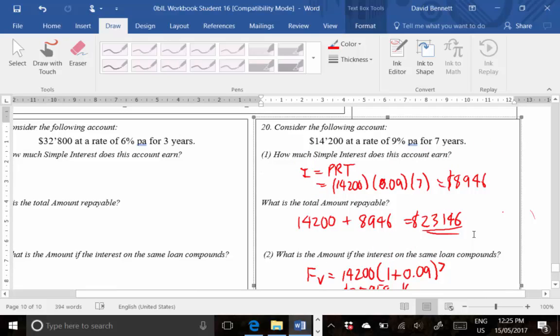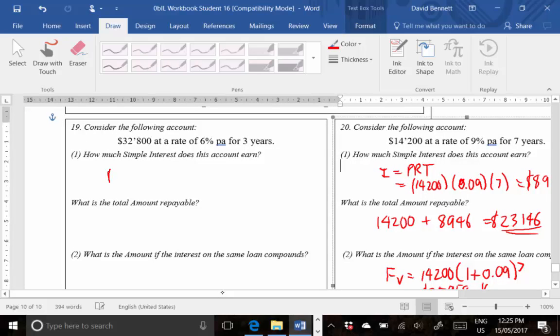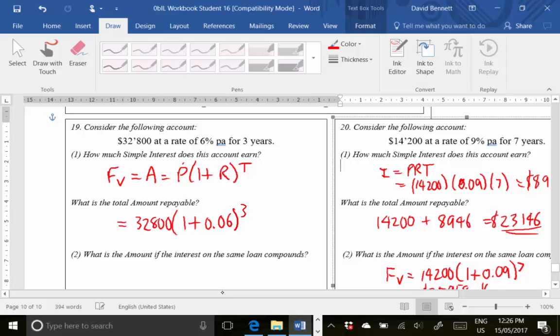Remembering the compound interest formula is this one here: future value, which in some other formulas is called amount, is equal to the principal times 1 plus the rate to the power of t. If I did this example and did the compound interest for that, how much would it grow to? 32,800 is my principal. My rate is 1 plus 0.06, and it's for 3 years.